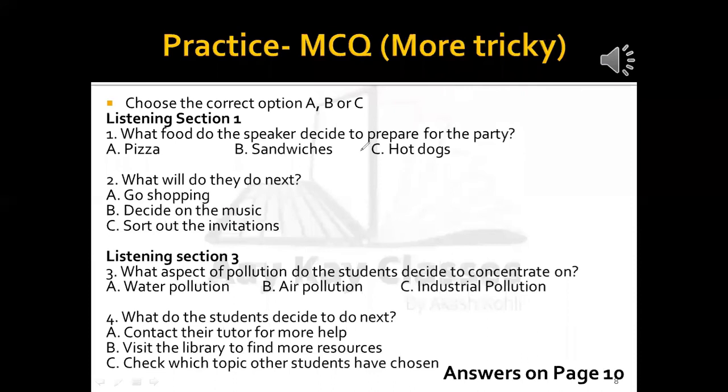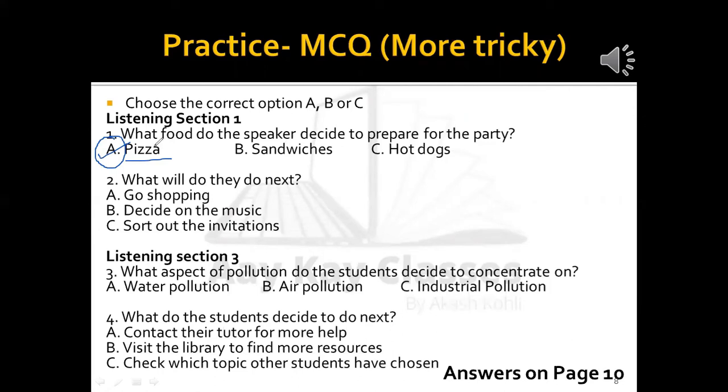So students, I wish that you have answered first as pizzas. Yes, right. The first answer is A. The reason is, first they talked about pizzas, but they again shifted to hot dogs and then shifted to sandwiches, and then again, in the last line, the lady shifted back to pizzas.